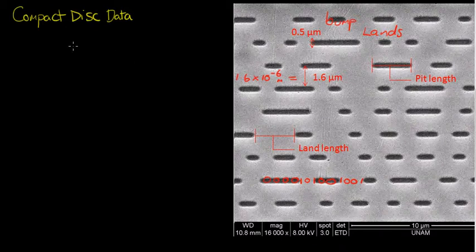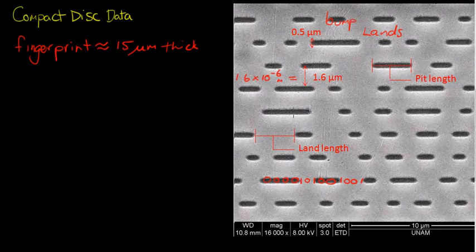In fact, a fingerprint is equal to approximately, I'll just be very specific about that, approximately 15 micrometers thick. So that might put this into perspective. 1.6 micrometers is much smaller than that.